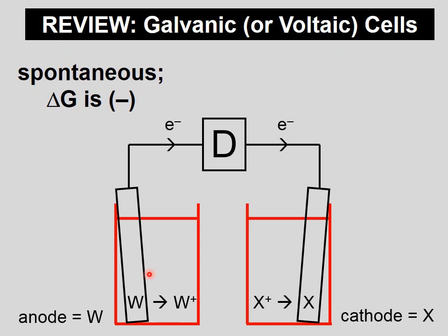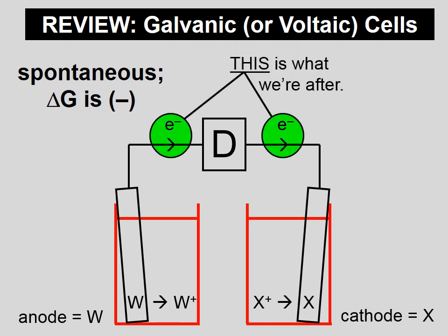So over time, the anode, which is this metal, is going to become less massive as its metal atoms dissolve into metal ions. Over time, typically the cathode is going to increase in mass as the ions from the solution plate out as atoms onto the cathode.